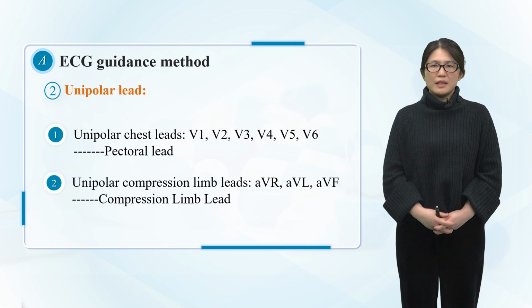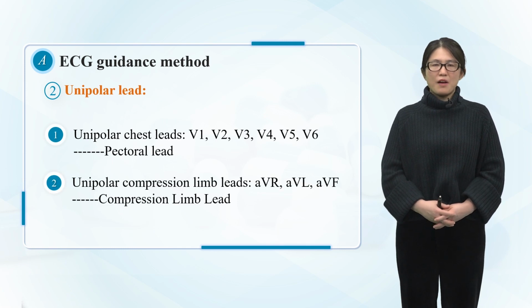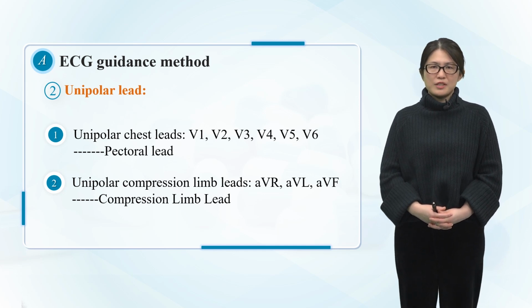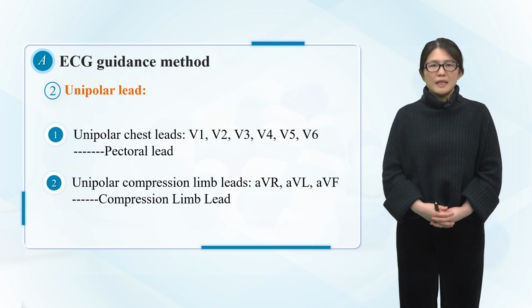The recording lead system has 3 types of 12 leads, including 3 standard limb leads, 3 pressurized unipolar limb leads, and 6 unipolar chest leads. The standard limb leads reflect the electrical activity of the heart in the potential difference between the limbs.